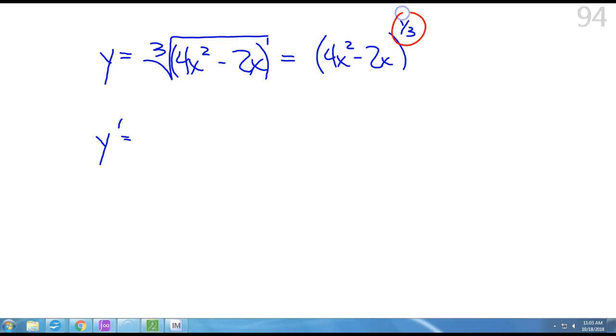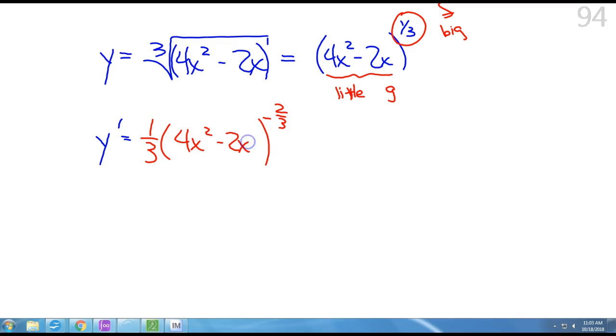So this is your outside, your F, or your big one. This is your little one, or your inside, or your G. Your job is to do F prime first. So F prime is bring down the 1/3, reduce the power by 1, leave G as it is, and then multiply by G prime. What am I forgetting? Gotta have parentheses there. Well, that's my answer. It's not simplified yet, but that's my answer.